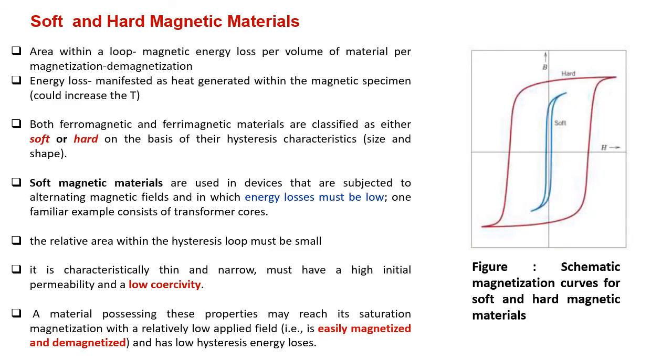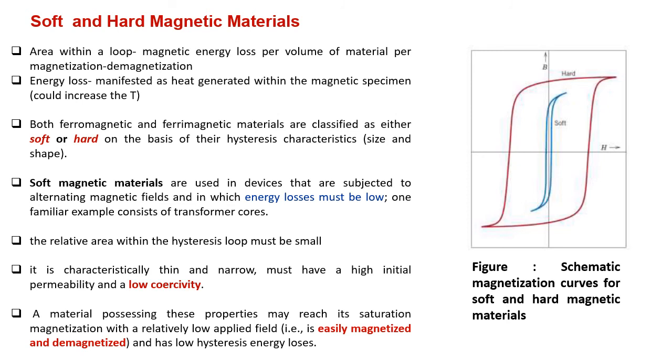Soft and hard magnetic materials. These characteristics are determined by the area within a loop. Magnetic energy loss per volume of material per magnetization or demagnetization. Energy loss manifests as heat generated within the magnetic specimen, which could increase the temperature.